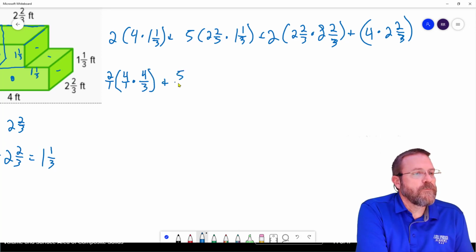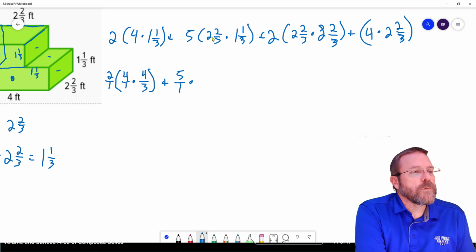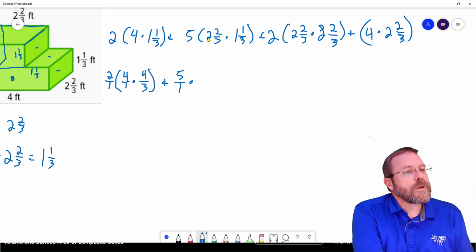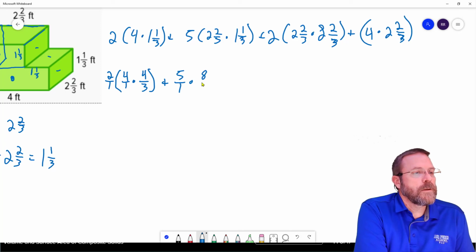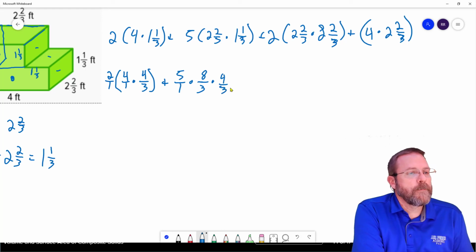plus, and then I'm going to have a 5 over 1 times, and we don't even really need those parentheses there. This is going to be 3 times 2 is 6 plus 2 is 8, so I have 8 over 3 times, and then right here it's going to be a 4 over 3 again.